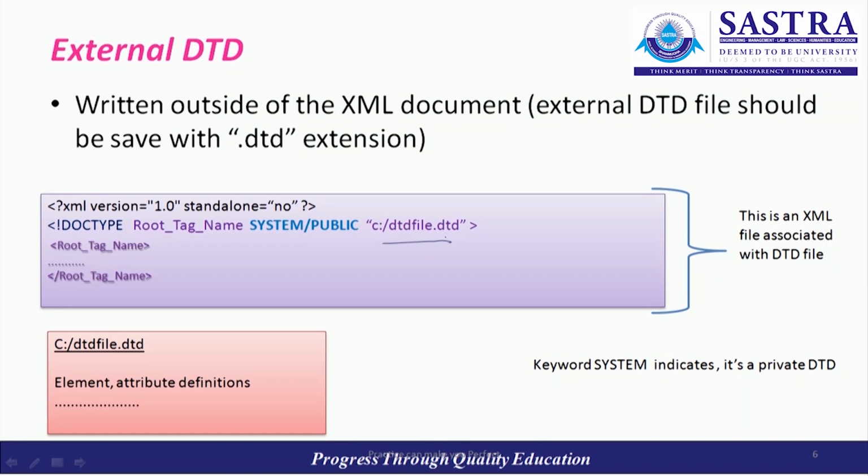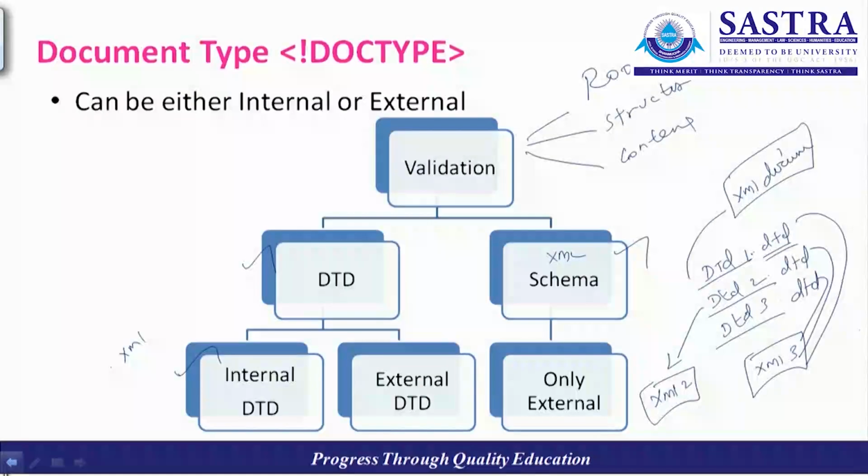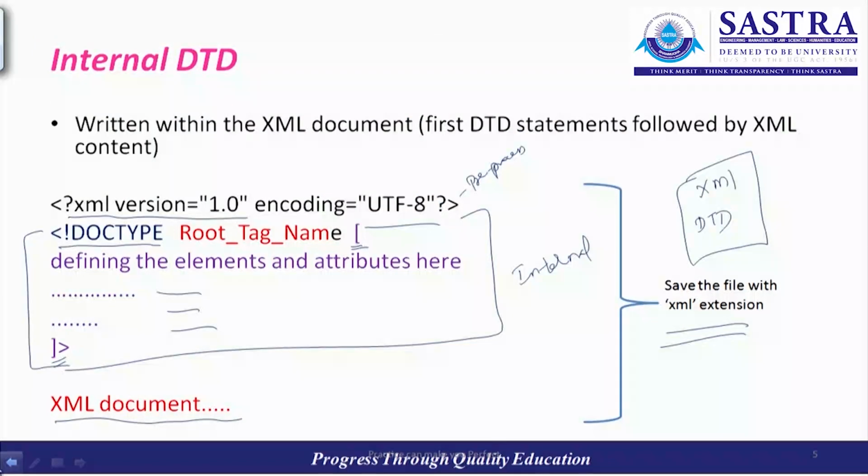As in the previous internal DTD, here also we have started with exclamation DOCTYPE, space, root tag name, square bracket, then the statements of DTD, closing square bracket, closing angle bracket. That's all about internal DTD.